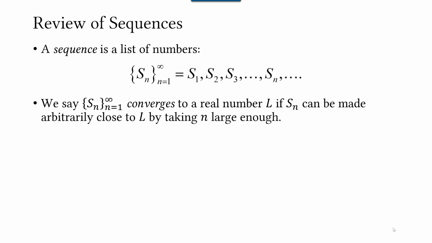In other words, as we go farther and farther out in the sequence, the terms are getting closer and closer to some real number L. When that happens, we say the sequence converges to capital L. The notation to indicate convergence is often just the limit notation: the limit as n goes to infinity of s sub n equals L. A shorthand we sometimes use is just s sub n with a right arrow pointing to L.